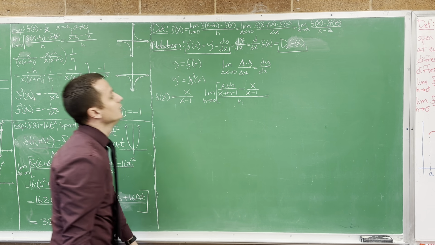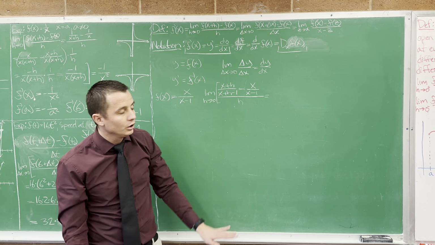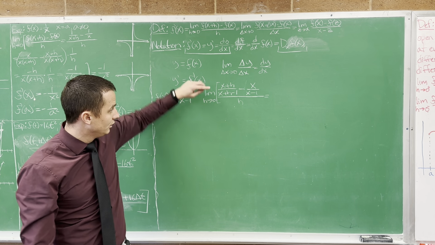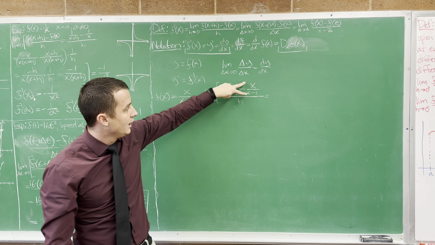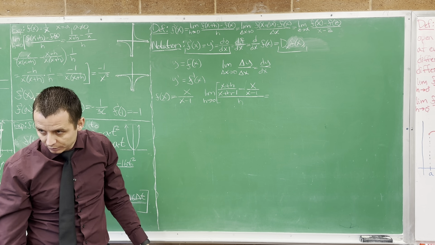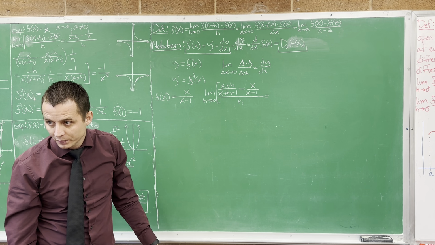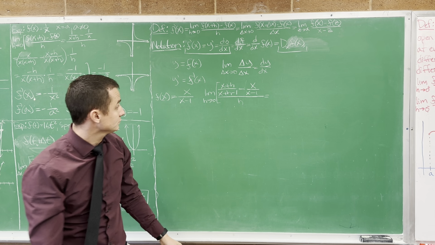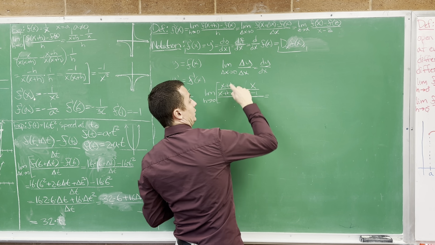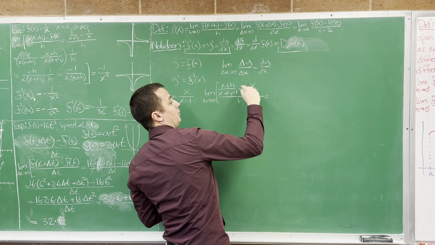What's that equal to? Let's work with the inside. I've got two different terms. I need to get a common denominator in the numerator. I need to multiply this one top and bottom by x minus 1, and multiply this one top and bottom by x plus h minus 1. So over this one, I'm multiplying top and bottom by x minus 1. That is going to be x plus h times x minus 1, all over x minus 1 times x plus h minus 1.